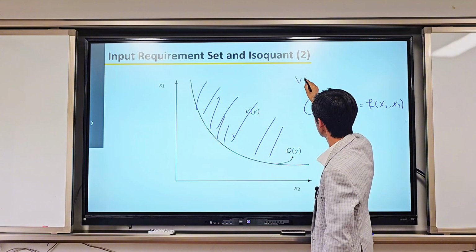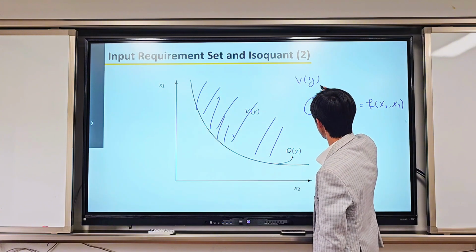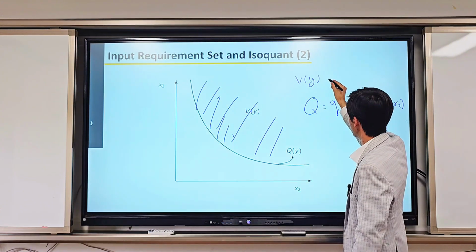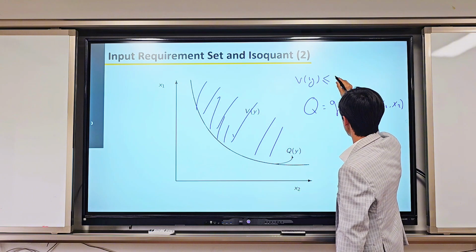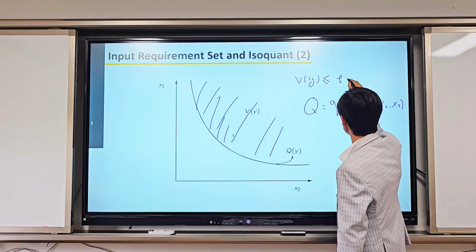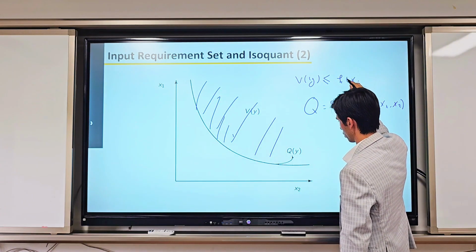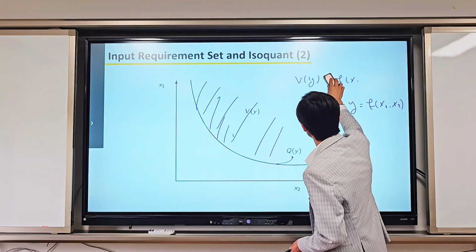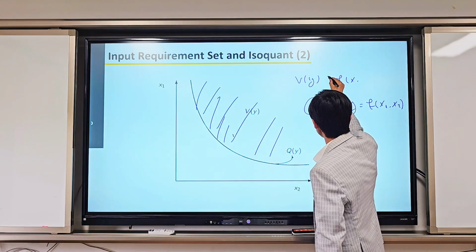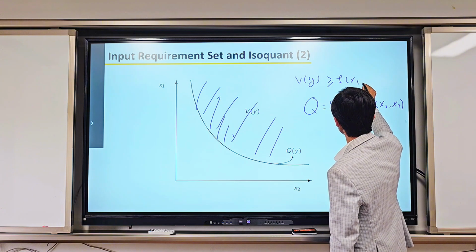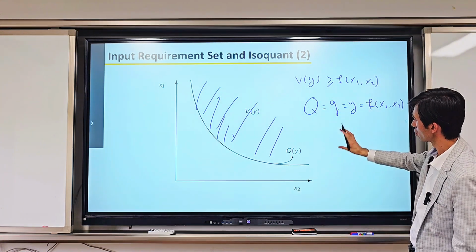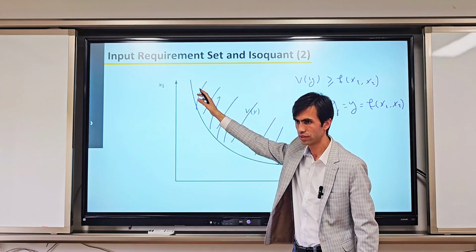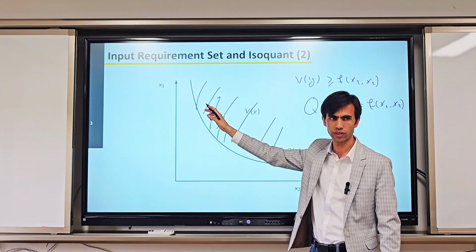So how can we write it down? We can write down the input requirement set, V(y), V(q), as less than and equal to, no, sorry, greater than and equal to f of x1 and x2. f of x1 and x2 is this curve, which shows your combination of input.